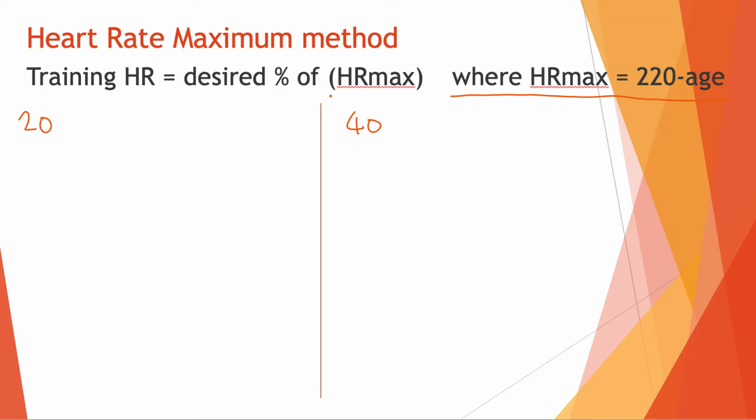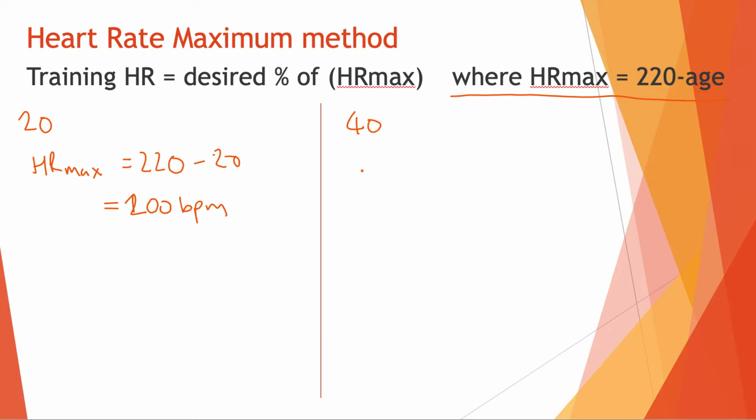So we're going to do what's in the brackets first, the heart rate max first. So heart rate max we know to be equal to 220 minus age, which in this case is 20. So that's going to give us a maximum heart rate of 200 beats per minute for this 20-year-old.